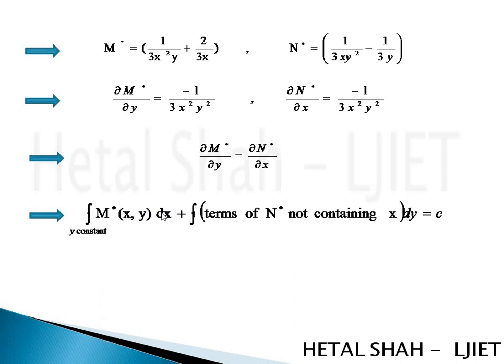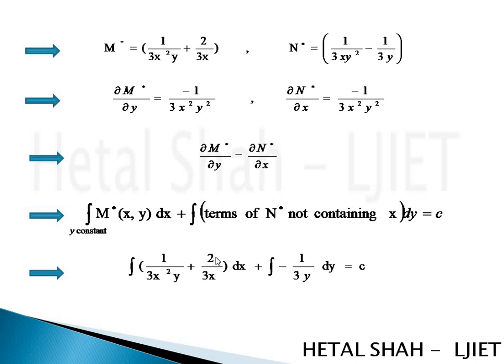So the formula for solving the exact ordinary differential equation is: the integration of M star with respect to x, keeping y constant, plus the terms of N star not containing x, that is, the terms of N star which are free from x, integrated with respect to y, is equal to c. Now the integration of M star.